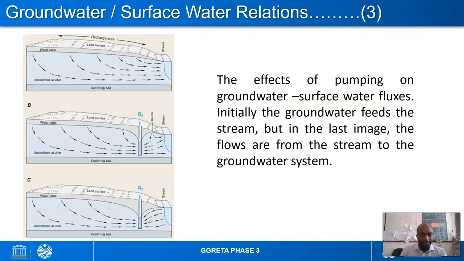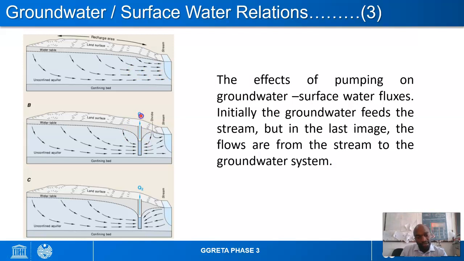Right, in the last presentation in part 1, we did highlight that pumping wells have a tendency of drawing water to themselves. Now in this typical situation, we expect that the groundwater will discharge to the low-lying stream, and as you can see here, the groundwater is moving towards the stream.